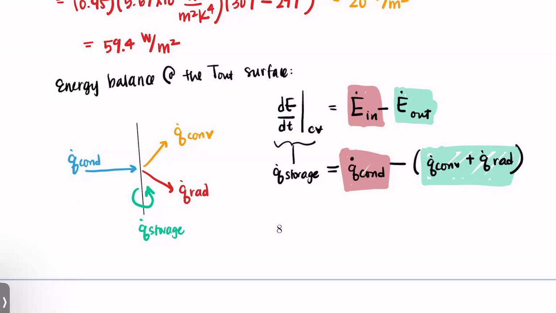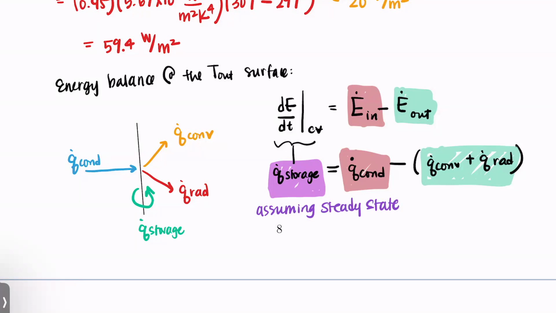All right, and then we're going to assume steady state. So that means that Q dot storage is 0. If you recall, when we assume steady, that means the time derivatives are zero.